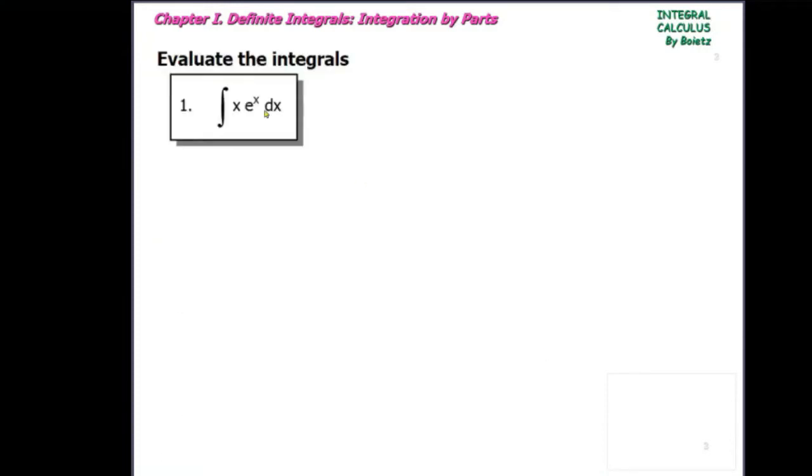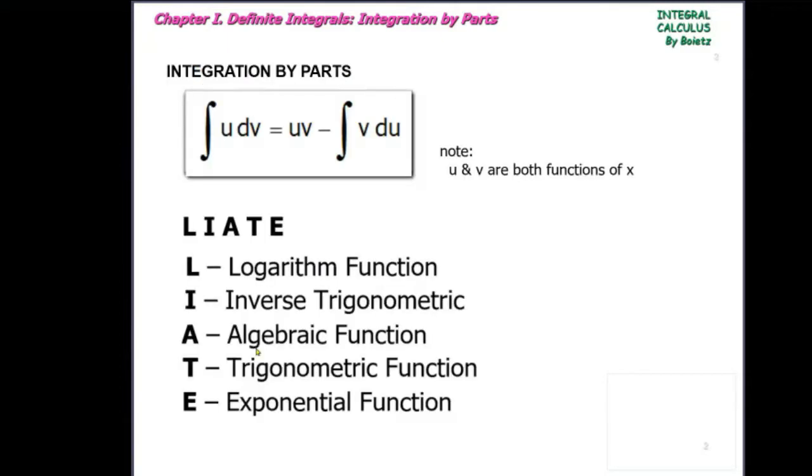So for example, here, evaluate the integral of x e to the x dx. Anong combination ng functions? Yung x mo, algebraic. Yung e to the x, exponential. So ang gagawin mo dyan, LIATE. Ulitin ko, LIATE: logarithmic, inverse, algebraic, trigonometric, exponential.